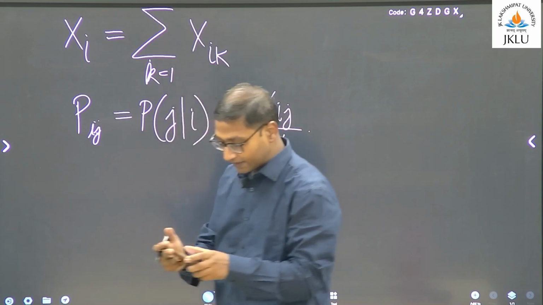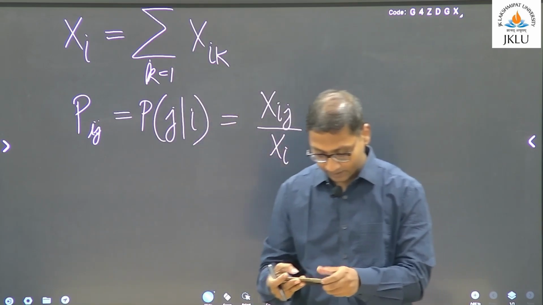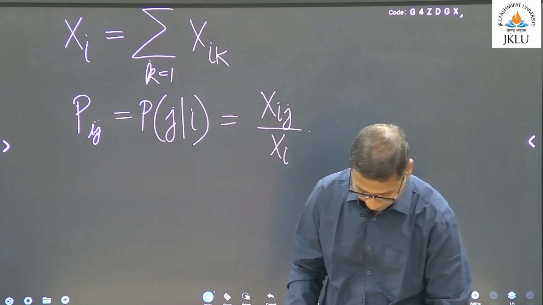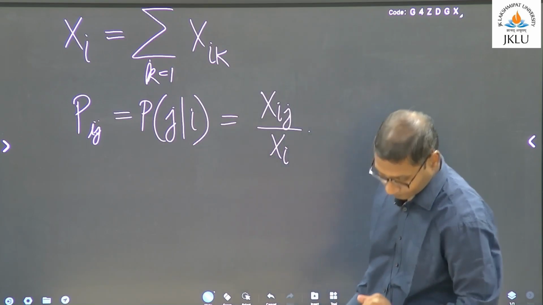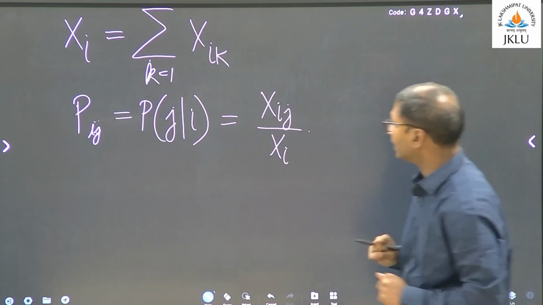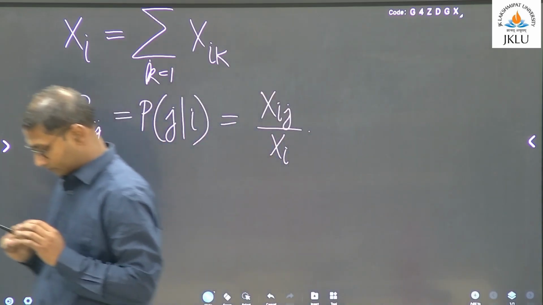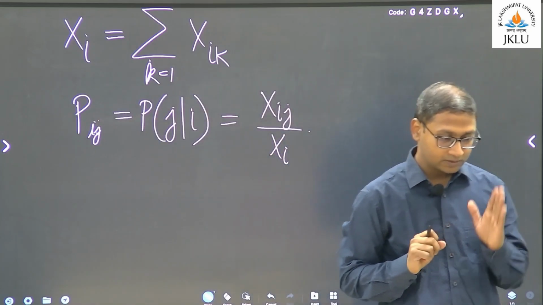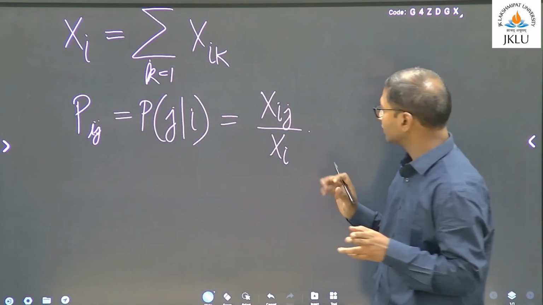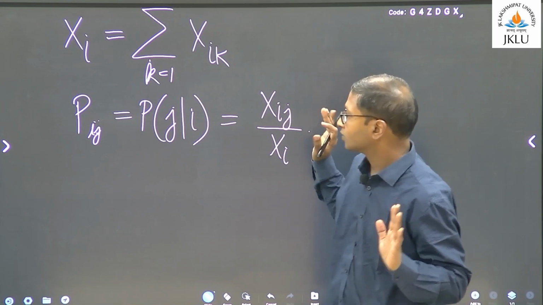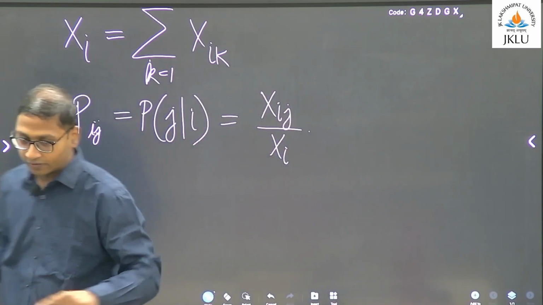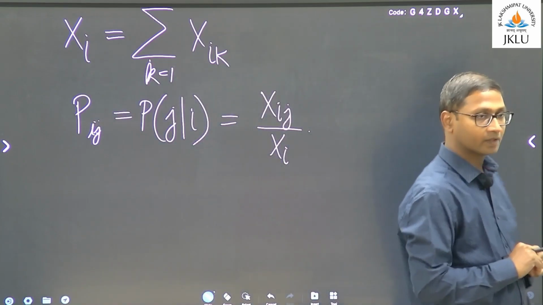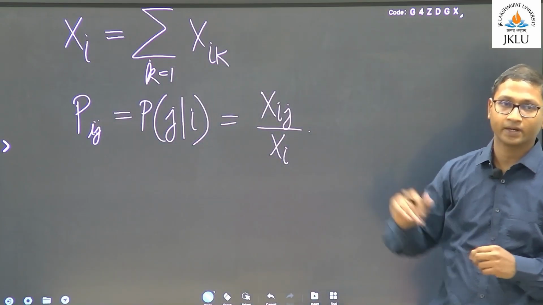Let Pij be the probability that word j appears in the context of word i. So what is Pij? The probability that word j occurs in the context of i. So how can you get this number from the co-occurrence matrix? How do you get that?